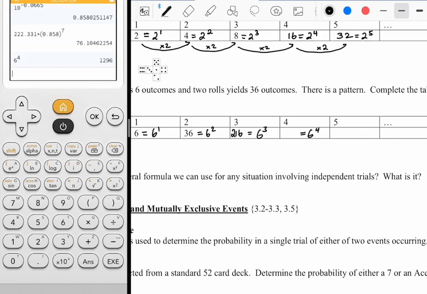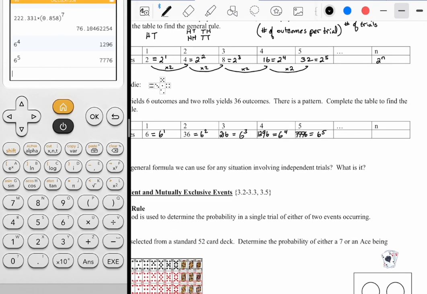Yeah, 1296. That's memory. You do the same problem over and over again, some numbers tend to stick out. All right, and that'll happen with you all before too long. 6 to the fifth power. That one I had no chance. 7,776.